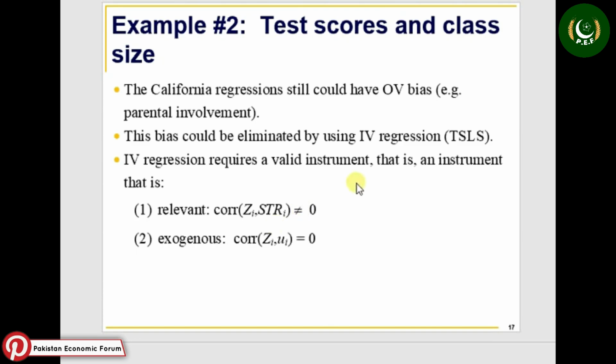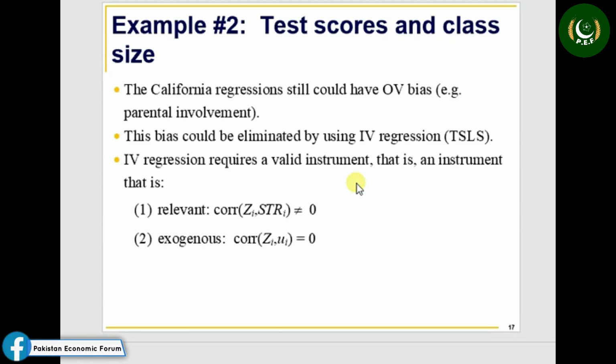You have class size and test score, and you see if there is an earthquake, as in 2005, India and Pakistan had a very serious earthquake. The schools which are close to the center, basically close to the epicenter of the earthquake, the buildings which survive will have more class size, but they are unrelated with other factors.